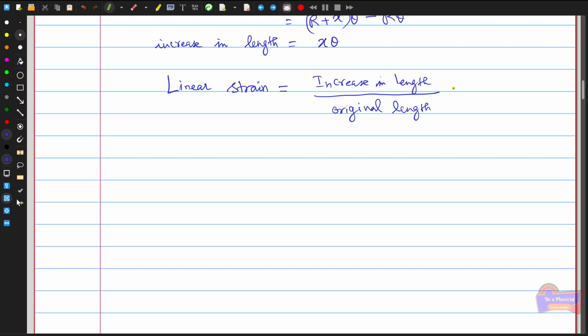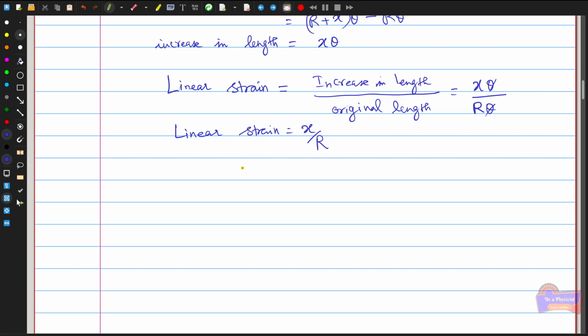Both the quantities we already know. The increase in length is x times theta, and the original length is r times theta. So the theta will get cancelled, and the linear strain can be written as x divided by r. So this is my linear strain.